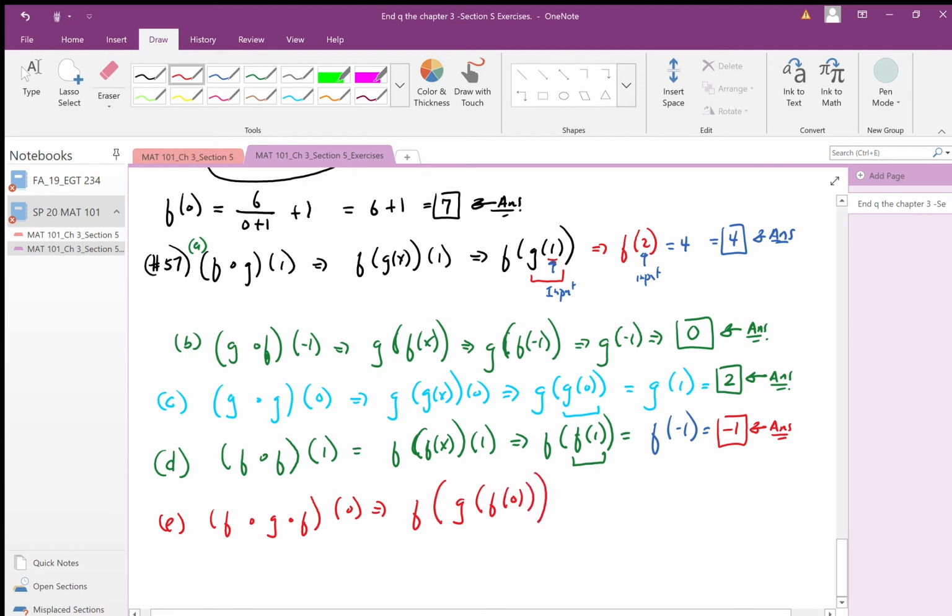Okay, so I'm going to do this composite first, right? So it's going to be F of G of 0.